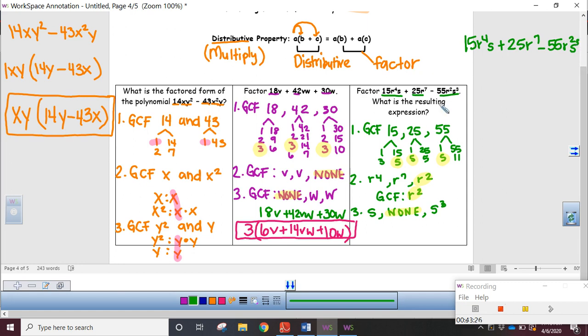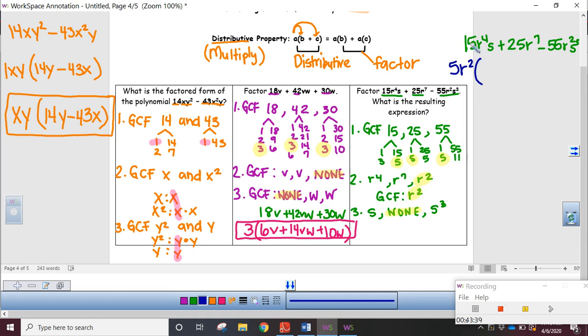All right. So we know now that they have a 5 in common, so I'm going to take out a 5. And then we know that they have an r squared in common, an r to the power of 2. So from each one of these terms, I'm going to be taking out a 5 and an r to the 2.